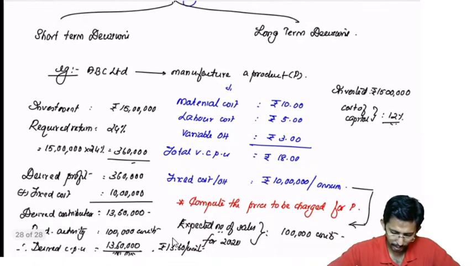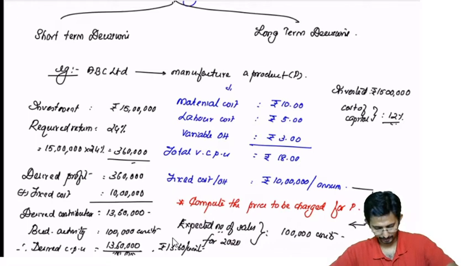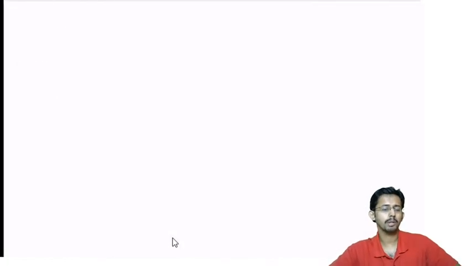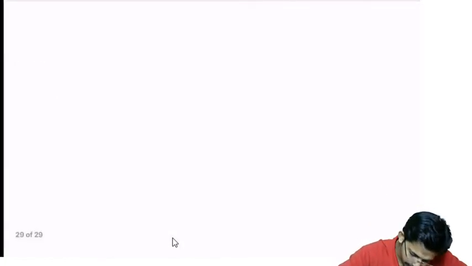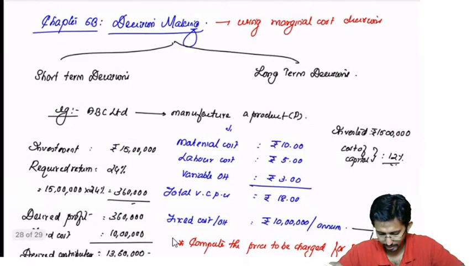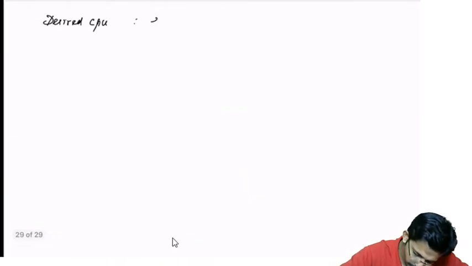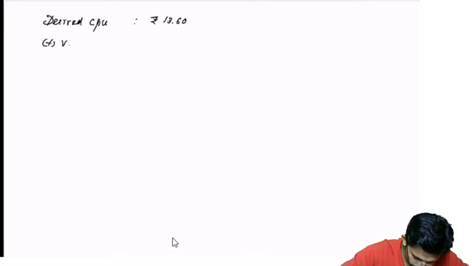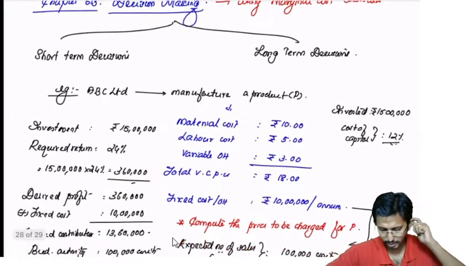Okay. And what is my variable cost per unit? It is 18. So in order to get a contribution of 13.60, desired contribution per unit is 13.60. Add variable cost per unit. Variable cost per unit was 18.